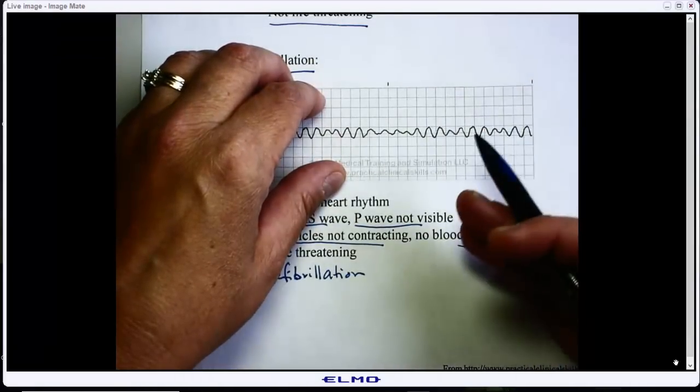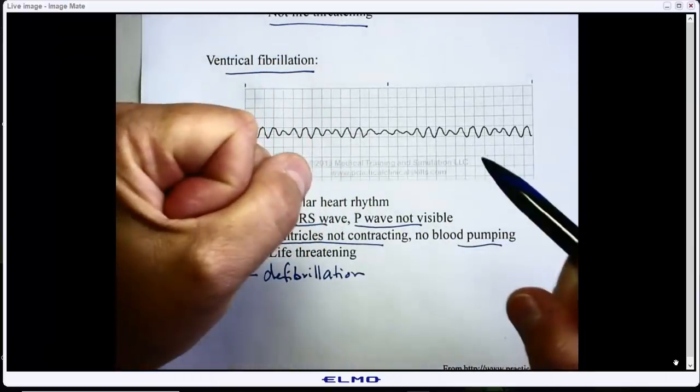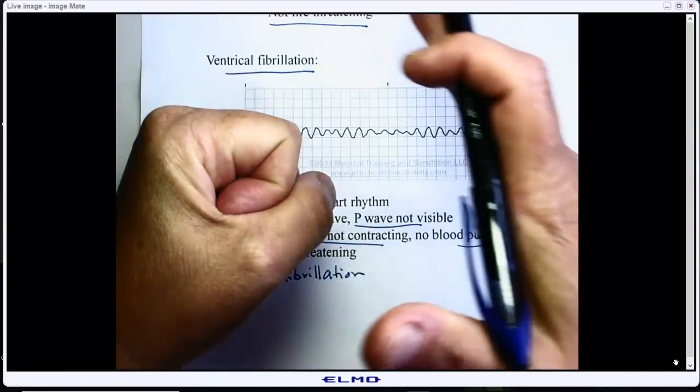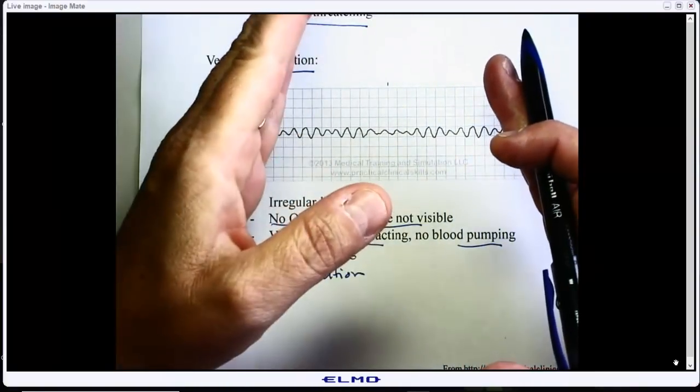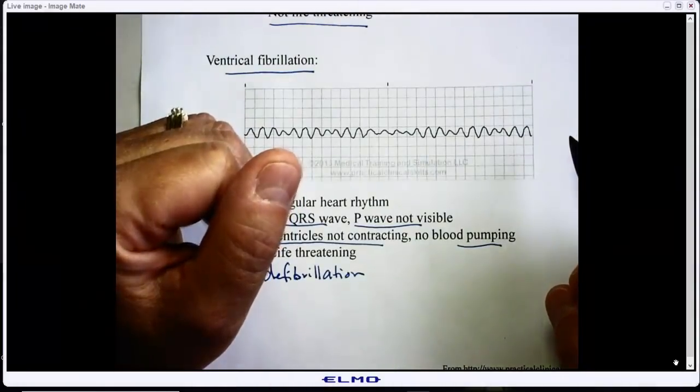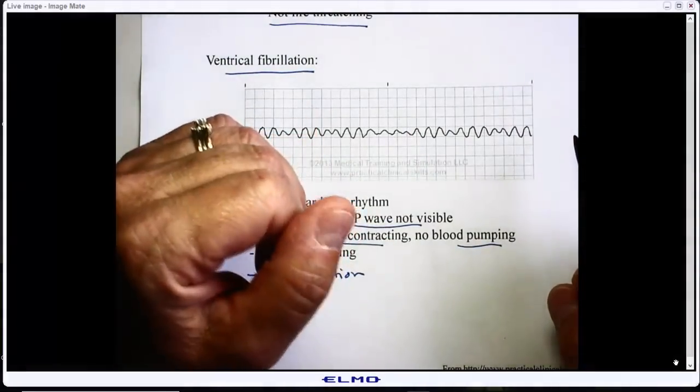So what defibrillation tries to do is put everybody in their refractory periods at the same time, and then as they come out of their refractory periods, the SA node is the first to fire, and hopefully we get coordinated directional action potentials happening again.